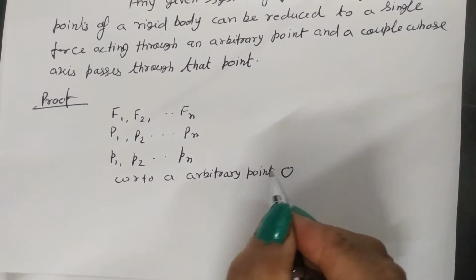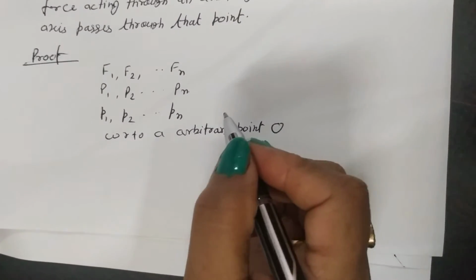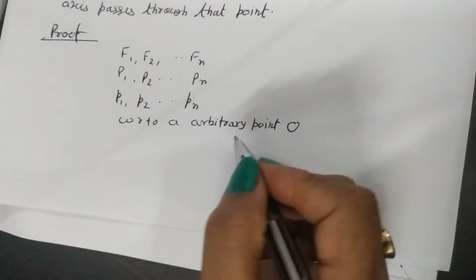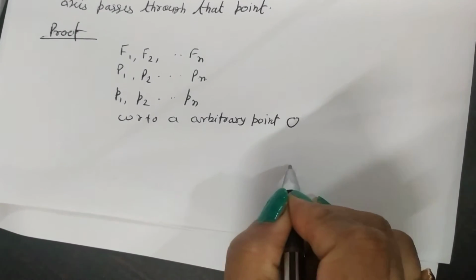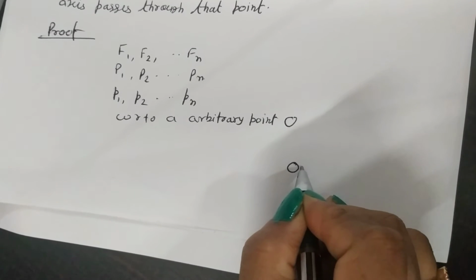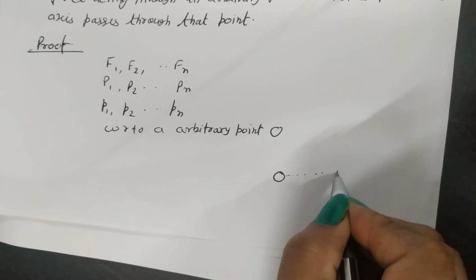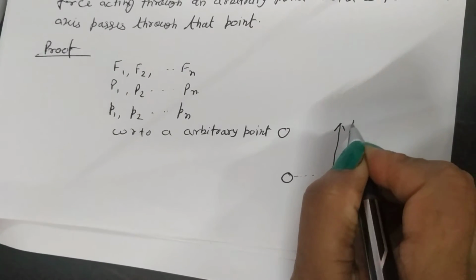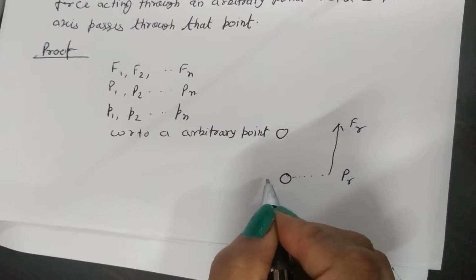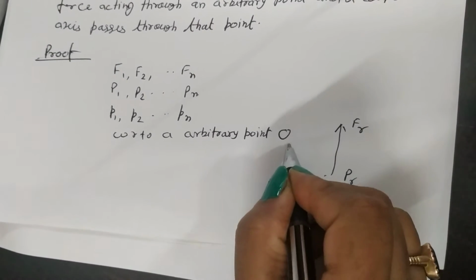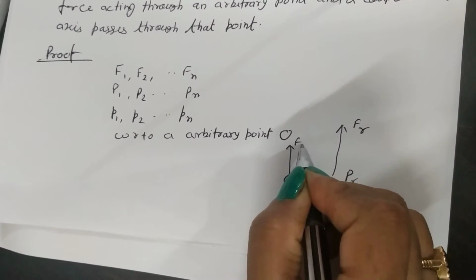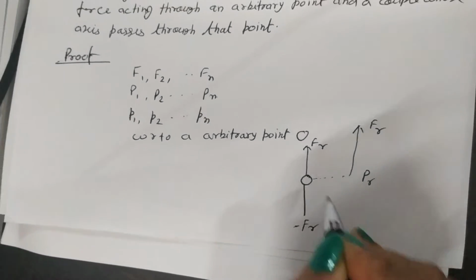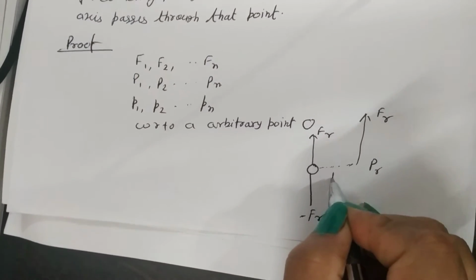And if this be a point O, and this be a point PR, with the force FR in this direction, and similarly minus FR, and the distance is PR.